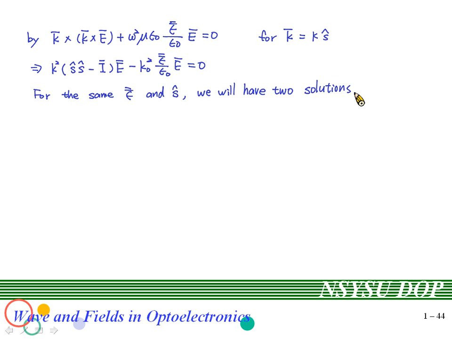That is, we have one solution which experiences the material index N1. So this solution will correspond to a K vector K1 and the E field E1.